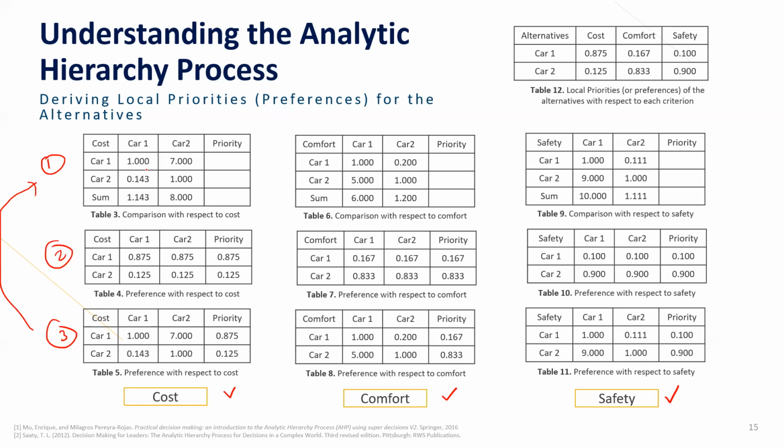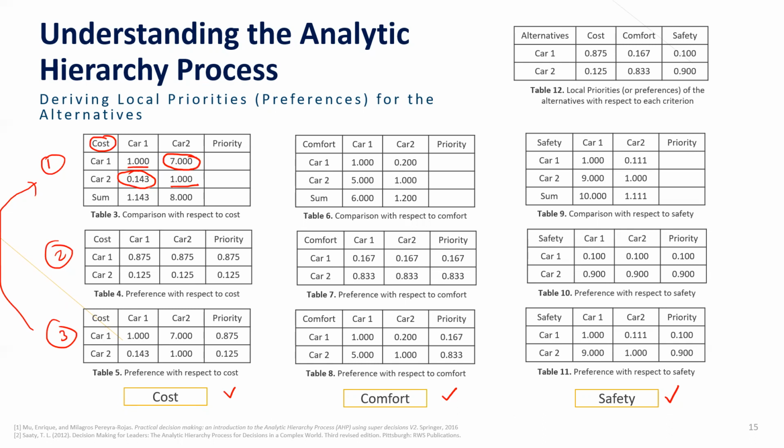Take an example: you want to score car1 and car2 based on cost. Car1 against itself is 1, the same here. Now car1 versus car2, I think car1 is much better in terms of cost, so I put strongly important, 7. So this will be 1 divided by 7. Then you're done with the comparison.